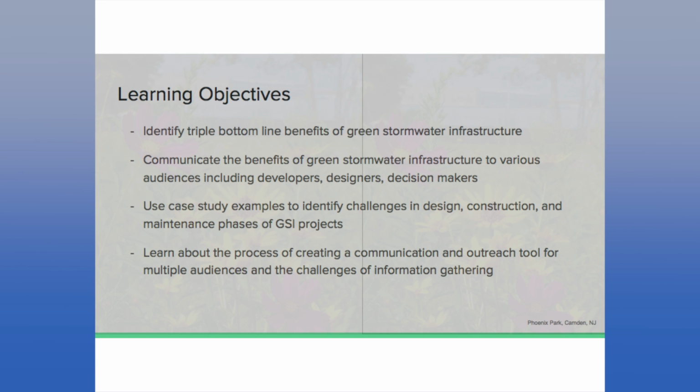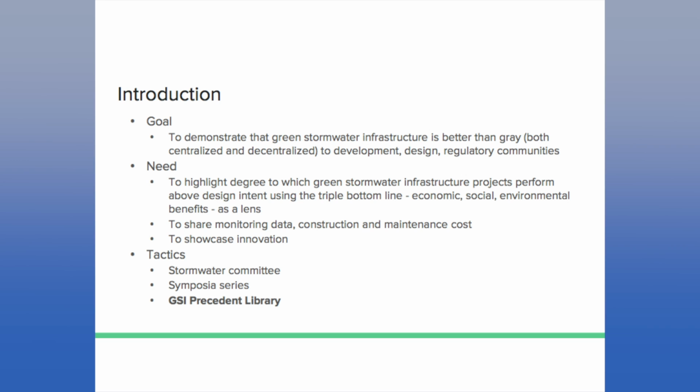And then the other side will be around the development of the library itself, and some of the project management components and some of the structure that we put forth to create this library that we thought was also another interesting take on this library as a tool. So I will be talking mostly about the project management side and kind of how we structured all of the different tactics that culminated in the compilation of the GSI Precedent Library that we're talking about today.